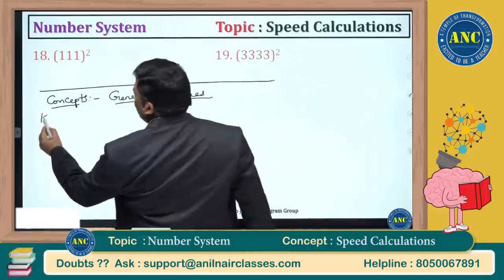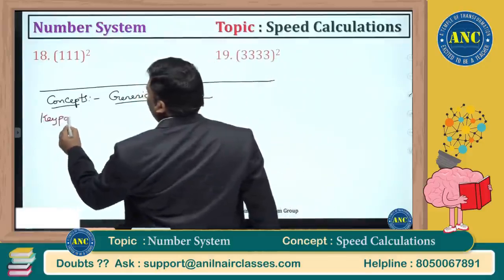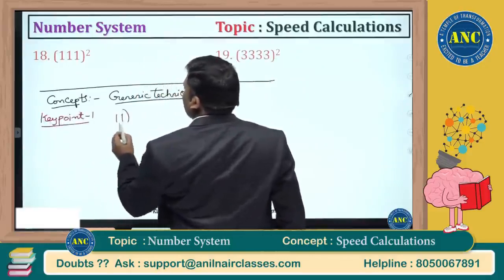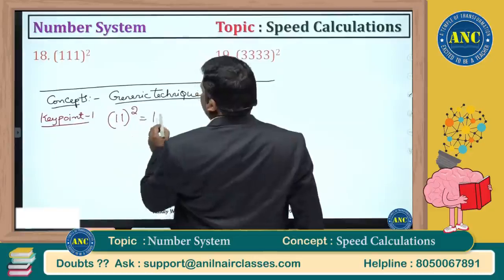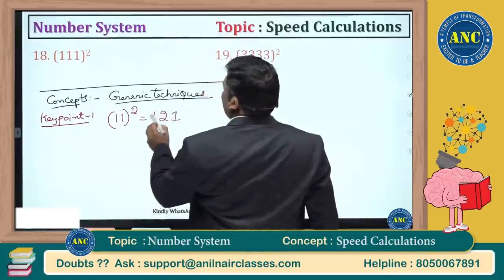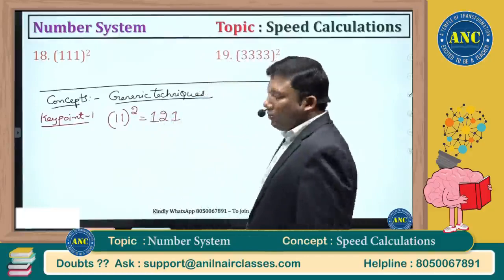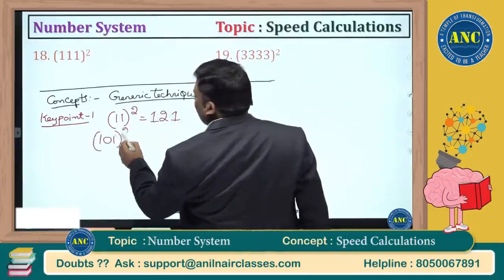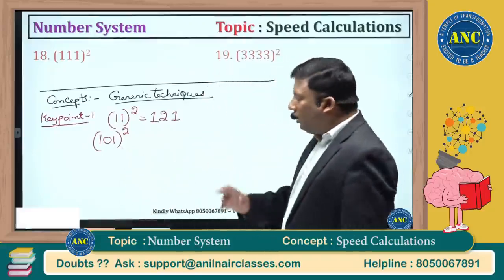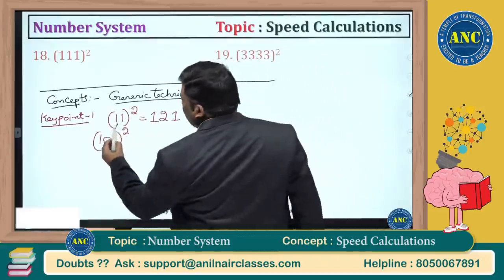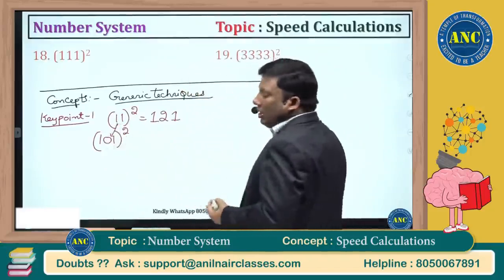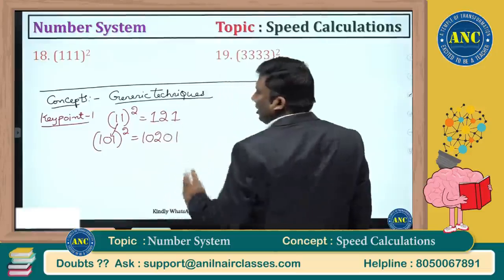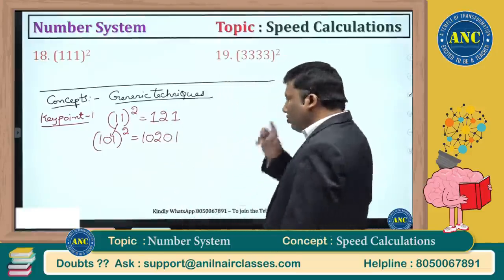Key point 1. In total, I will explain 3 key points. 11 square is 121. Suppose I want 101 square. Between the two ones, I keep a 0. So it is 10201.